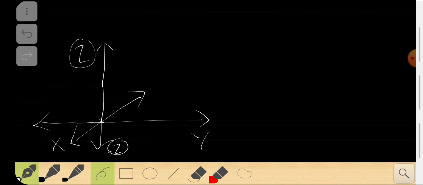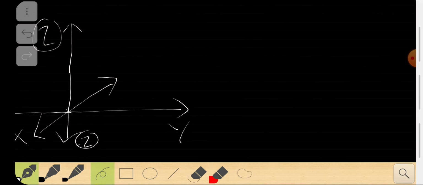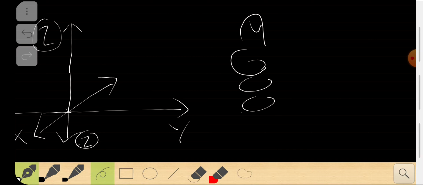Now how can you easily tell if it's a right-handed system? There is an easy way. You can stick out your thumb and rotate the fingers of your right hand: the fingers go from the x-axis to the y-axis, and the thumb represents the z-axis. In that case, it's a right-handed coordinate system.